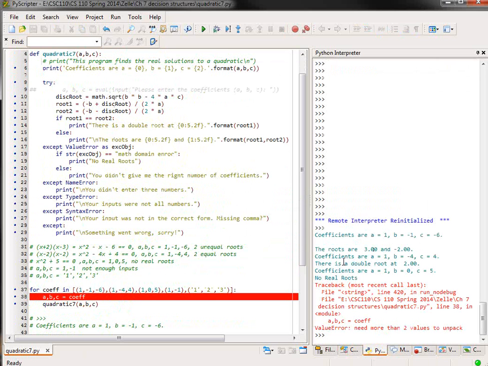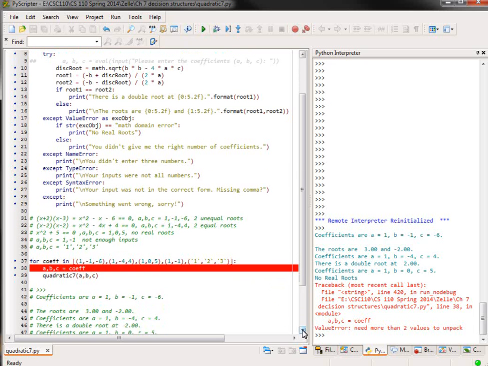It correctly computes the second, the double root. It finds the third situation as having no real roots, but then when it gets to the fourth situation, it doesn't progress beyond that because there's not 3 inputs and only 2 are required.